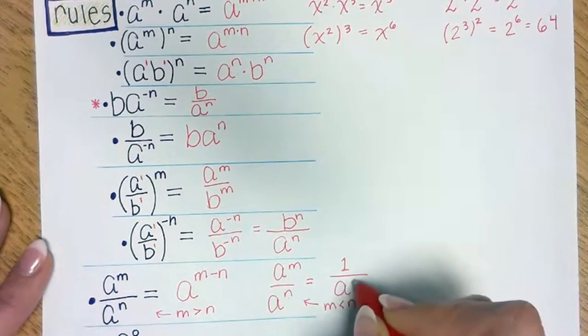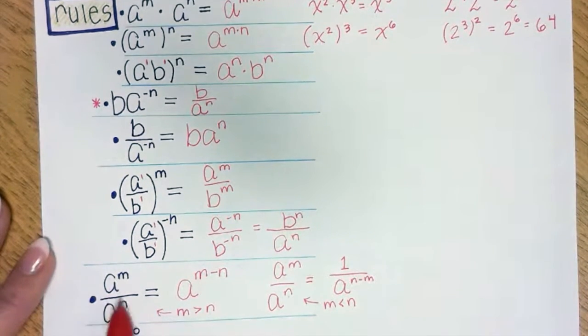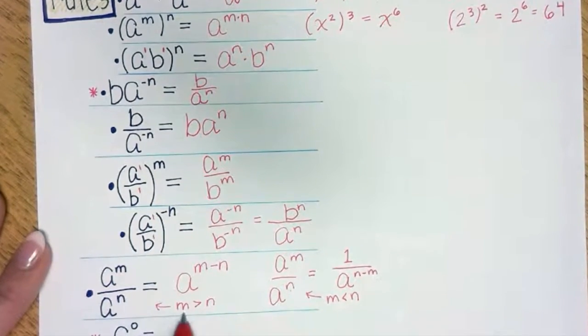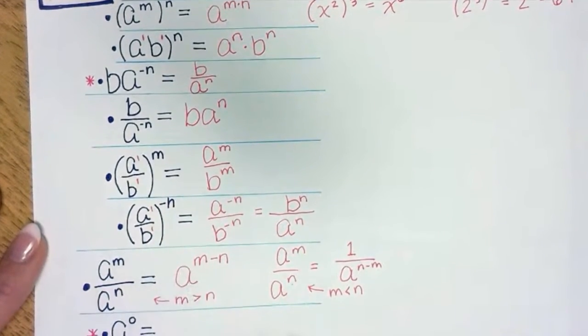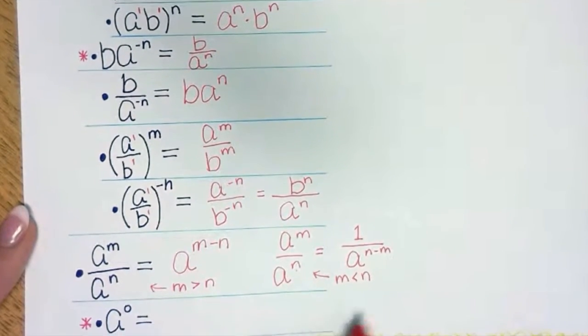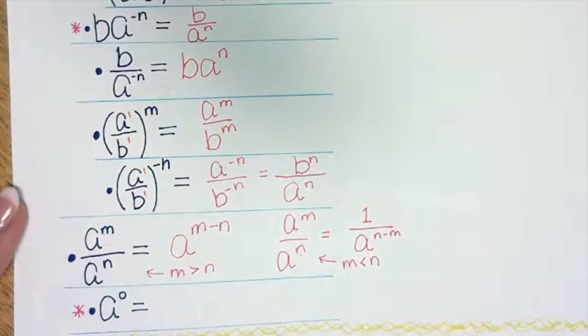I sort of think of it as north versus south or some sort of tug of war, and the bigger power wins and sort of pulls down that other power or pulls up that other power, and it gets subtracted from the big guy. We'll see this in class when we do a bunch of practice problems.